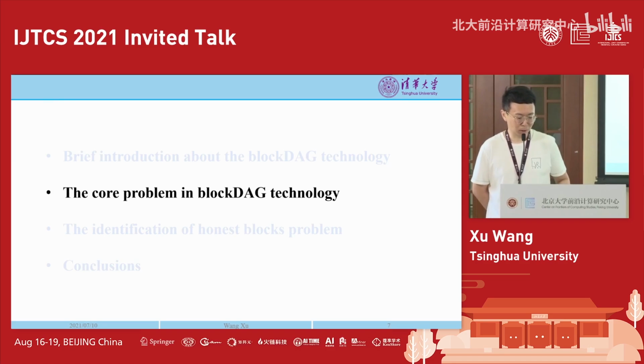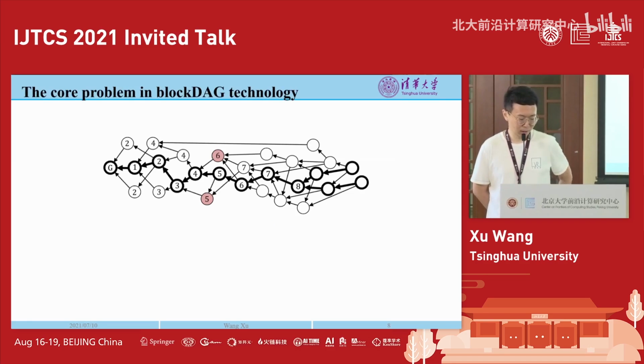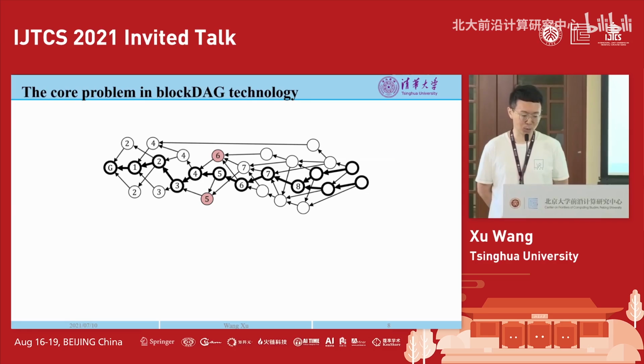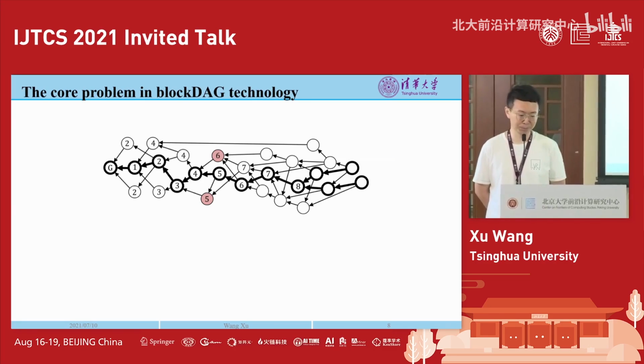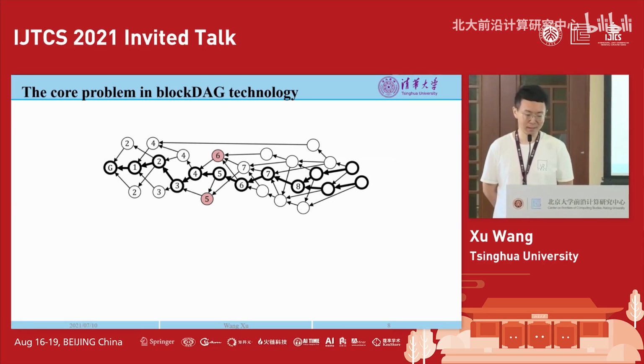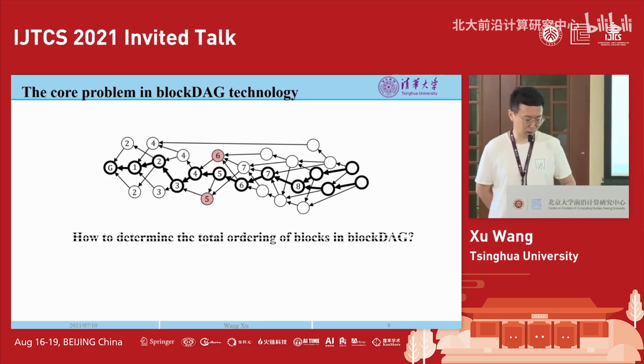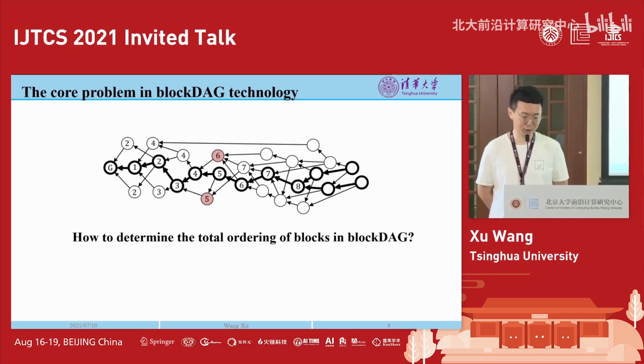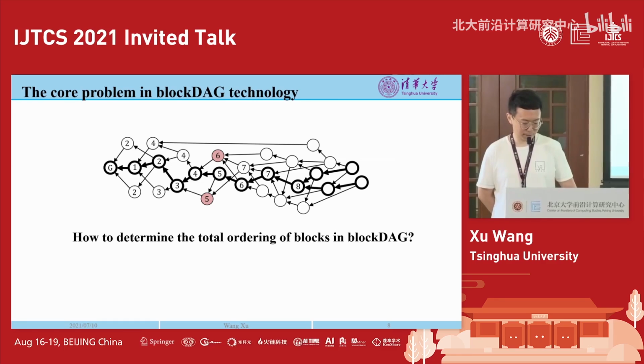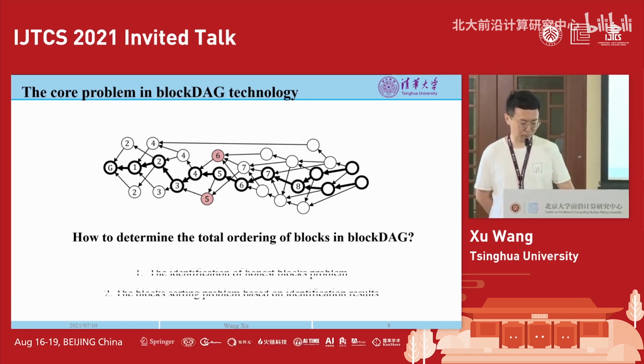Here comes the core problem in block DAG technology. Here is another illustration of block DAG. We have to point out that there is no main chain in block DAG. But if there are 2 conflicting transactions, it's hard to determine which one is effective. Here comes the core problem in block DAG: how to determine the total ordering of blocks in block DAG. We decompose the problem into 2 parts.